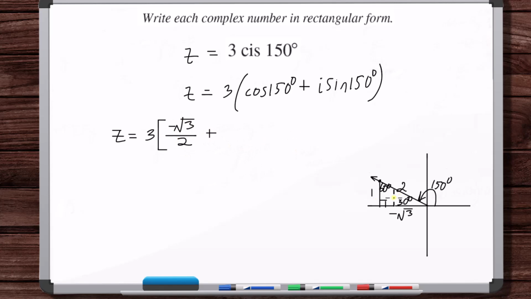Sine of 150 is going to be one over 2. So, okay, we've got, let's see, minus 3 root 3 over 2 plus 1/2 i.